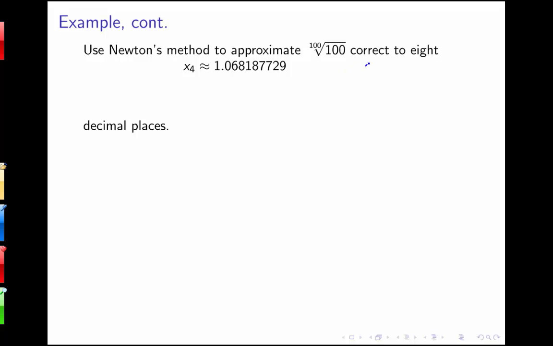So we're using x1 is 1.1. We said that f of x is going to be x to the 100 minus 100, and that f prime of x is going to be 100x to the 99.